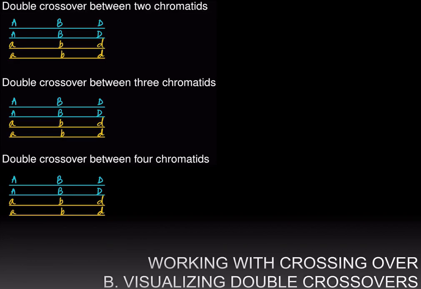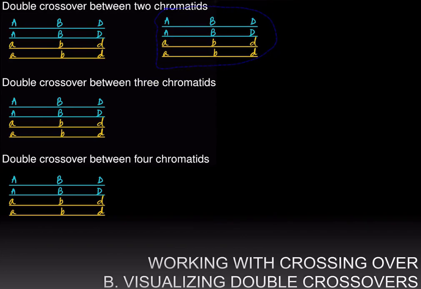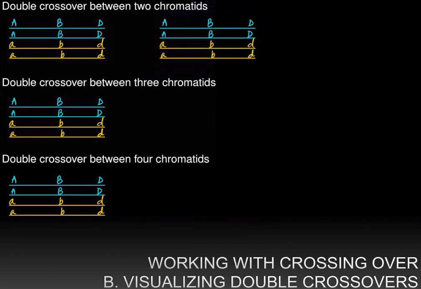We must keep in mind that crossovers only happen between non-sister chromatids, and in this case sister chromatids have the same color, and therefore these two are sister chromatids, whereas non-sister chromatids have different color.